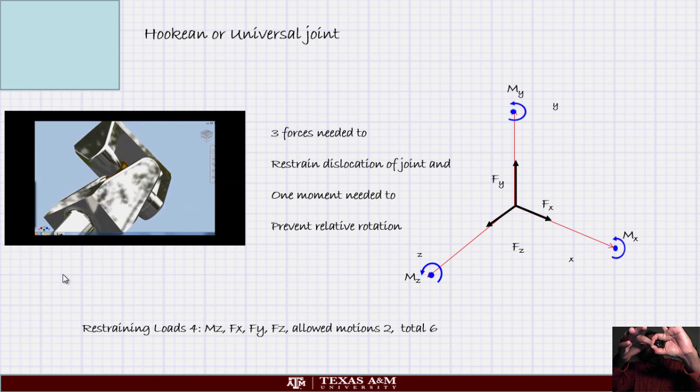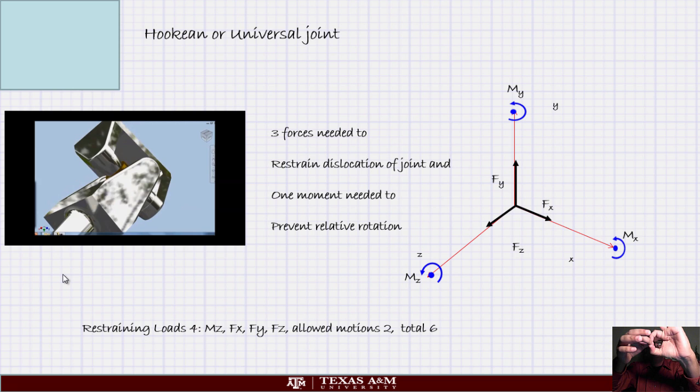Okay, so what are the motions that are allowed? Let's see. You can do this. One kind of rotation is allowed and another kind of rotation is allowed. Can you see that? There are two kinds of rotation which are allowed. Rotation around the z axis and rotation around the y axis if the x axis points towards you. Everything else is prevented.